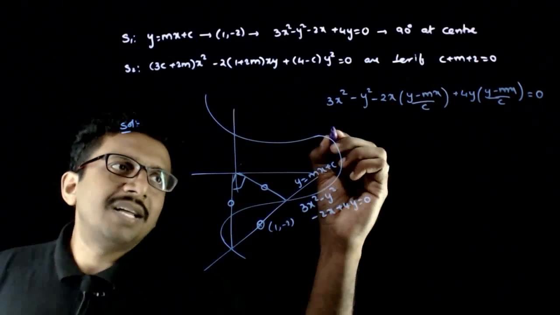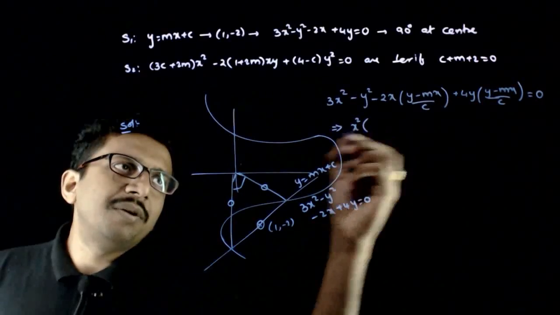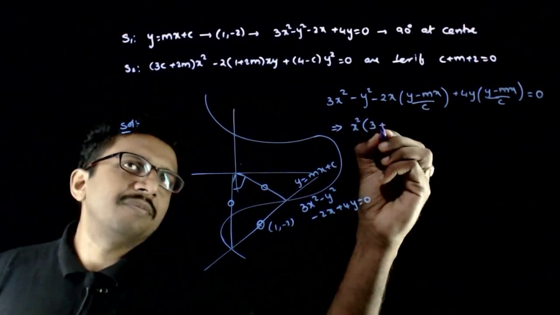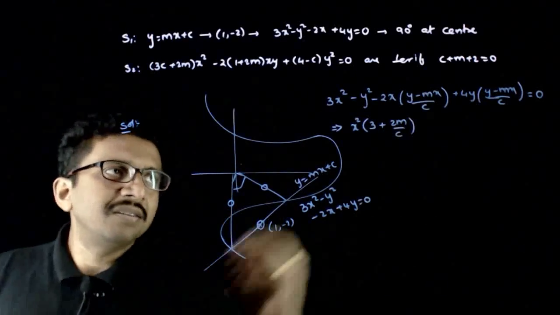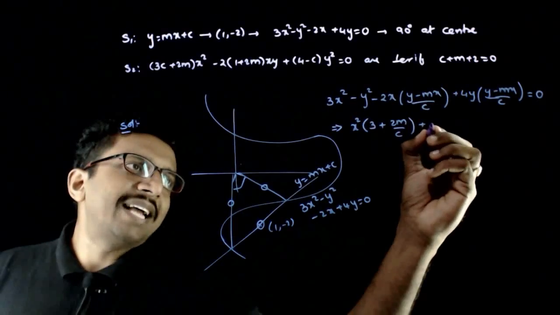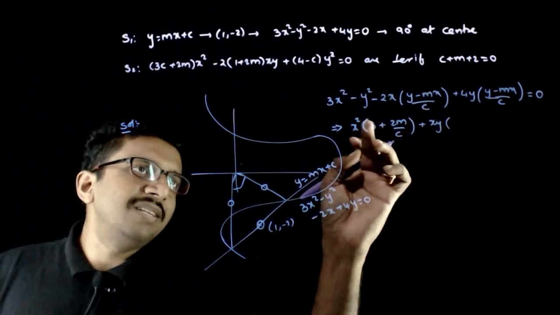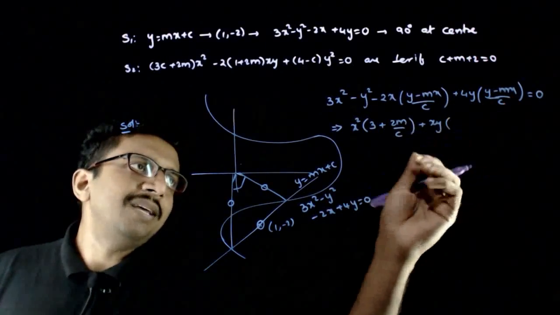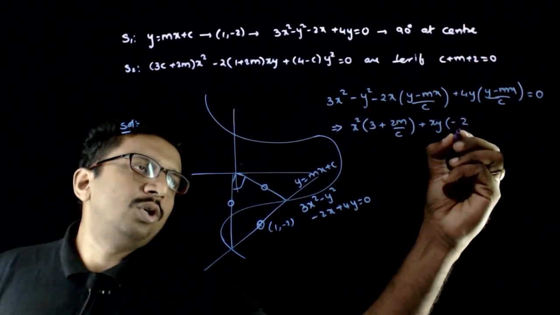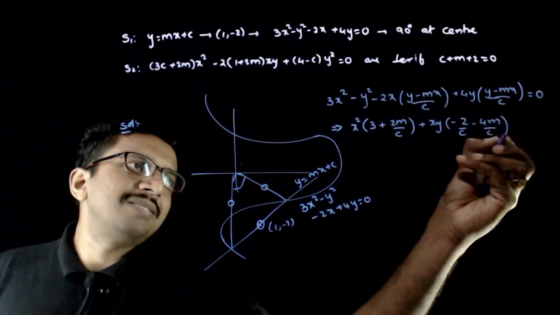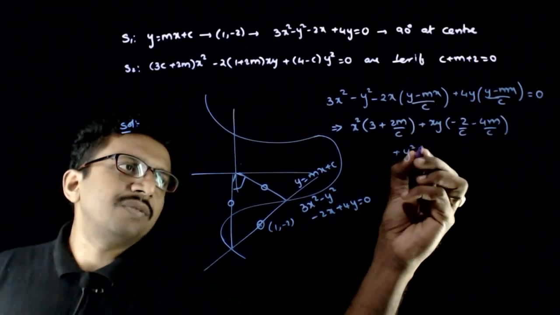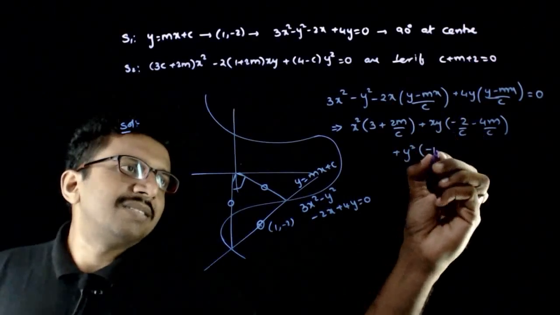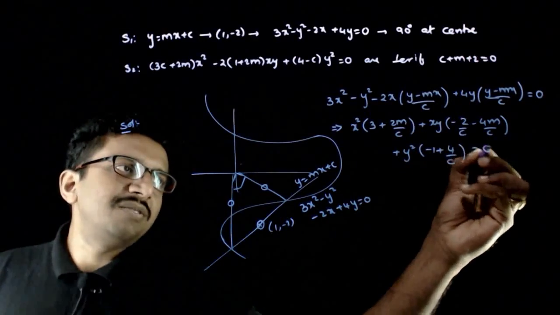So with x² you have 3 + 2m/c, and the coefficient of xy is -2/c - 4m/c, and the coefficient of y² is -1 + 4/c, equal to 0.